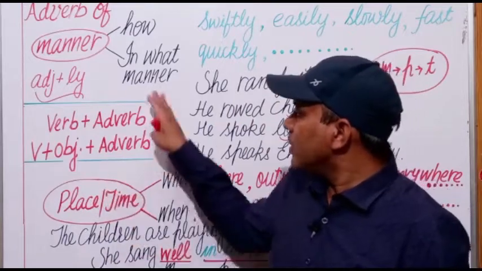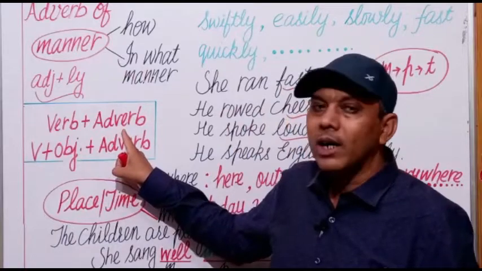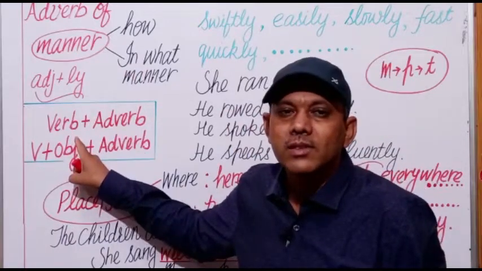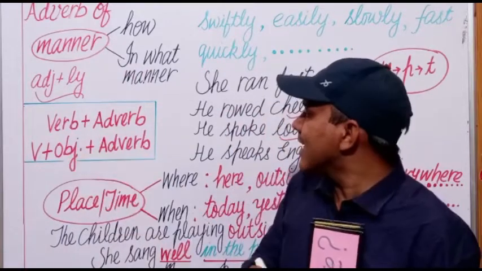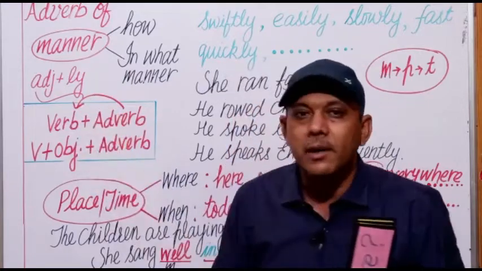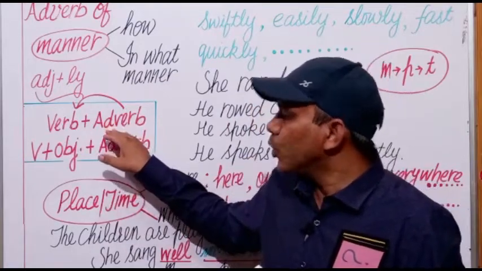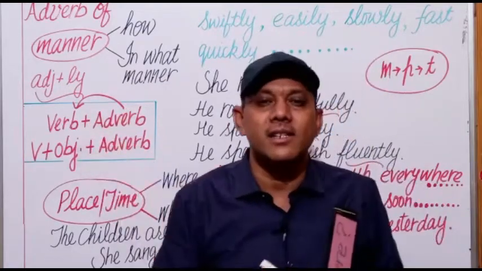Now, in this type of adverb, we use the adverb after the verb, because in these sentences, adverb of manner describes the action, means the verb. So it is used after the verb in a sentence.